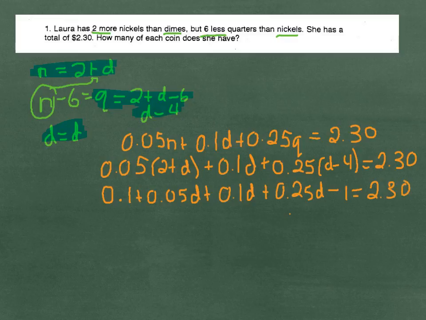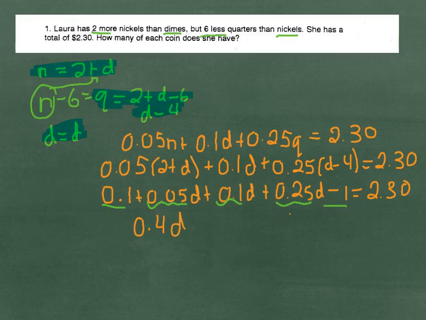So now if we verify, we have a like term and a like term, and we have this like term, this like term, and this like term. So we're just going to add them. So then we're going to get, for our dimes, 0.4 D, and I don't know why it's not working.